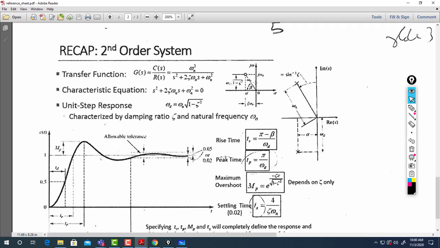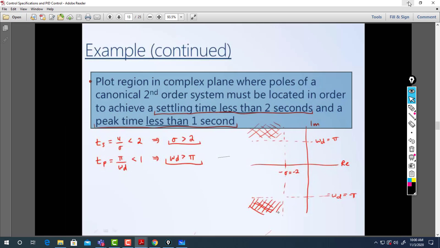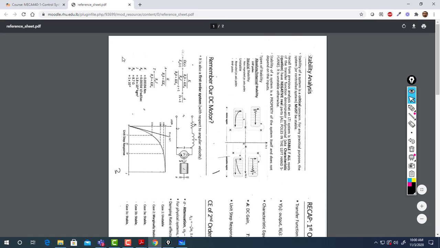You have the original slide, but here this is omega d and here is sigma. Any pole has omega d and sigma.